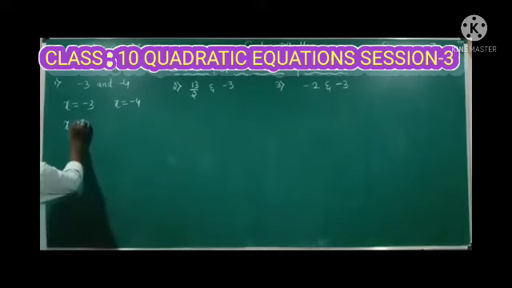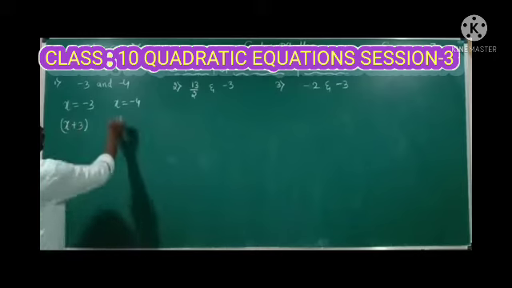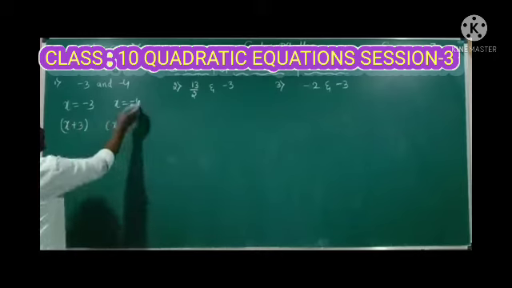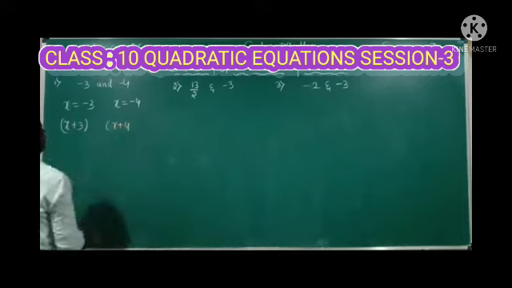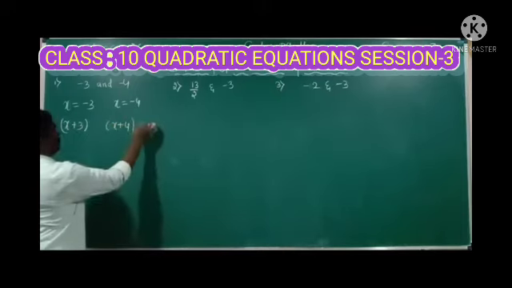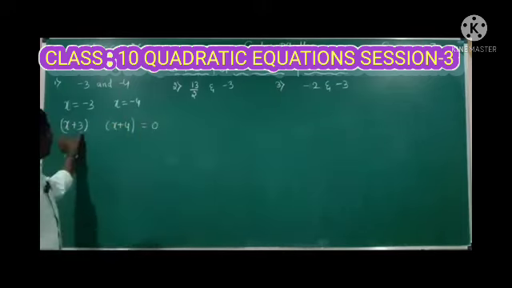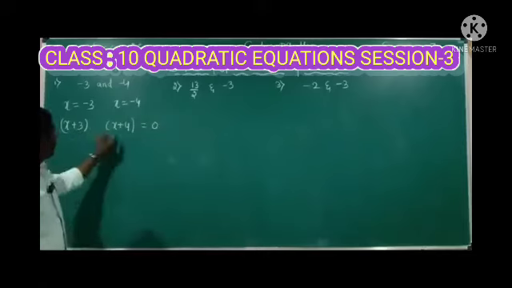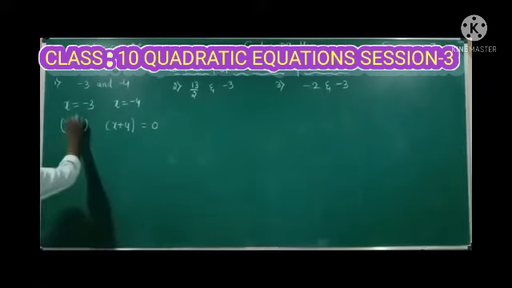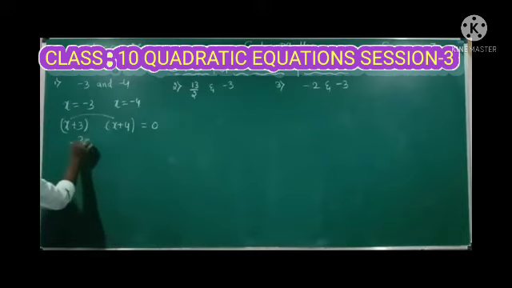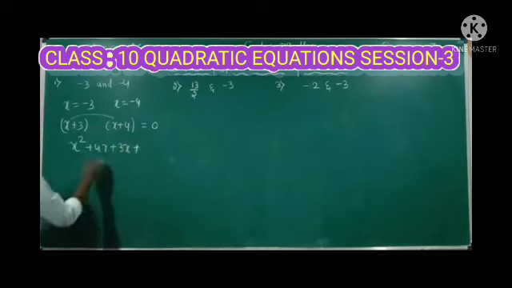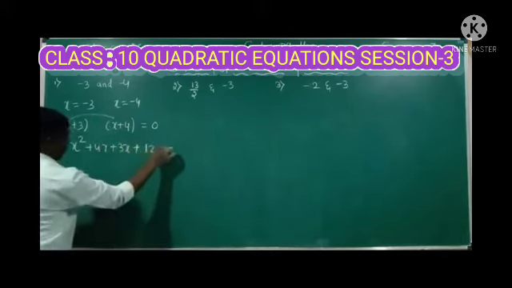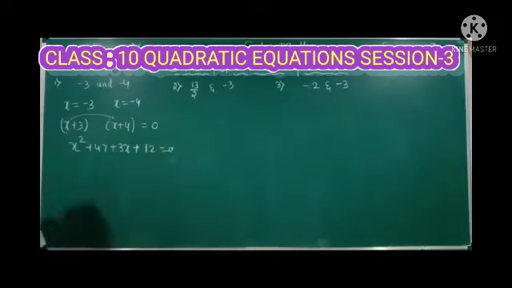So x minus 3 becomes x plus 3, and x minus 4 becomes x plus 4, into, is equal to 0. Now multiply these two binomials, x into x, x square, x into 4, 4x, 3 into x, 3x, plus 4 3s are 12 is equal to 0.